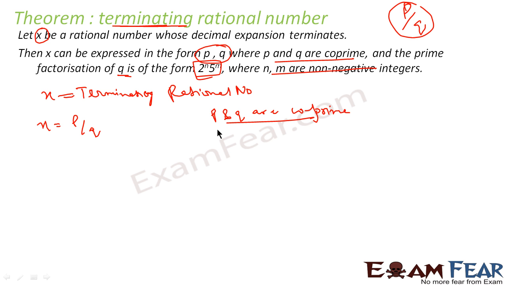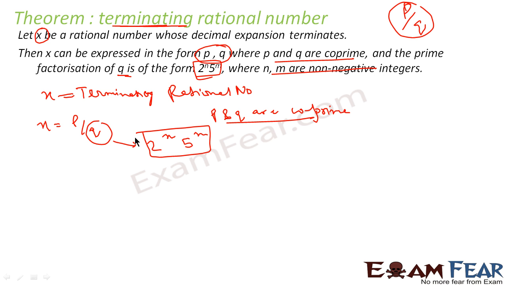And then Q can be written in the form 2 to the power n and 5 to the power m. So Q will have only 2 and 5 as prime factors, where n and m are obviously non-negative. They are not negative; 0 is allowed. Correct?